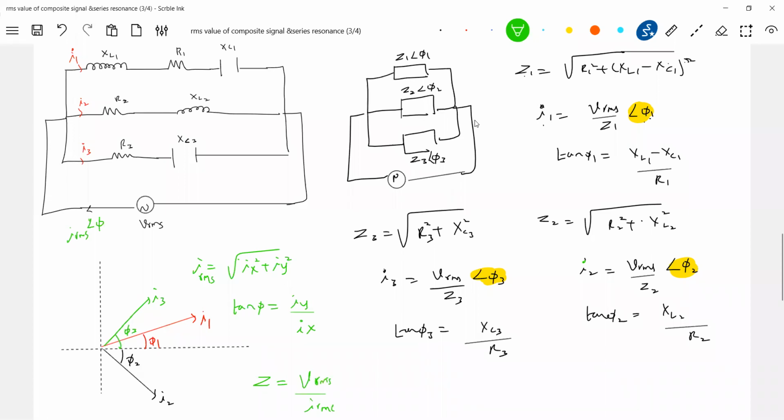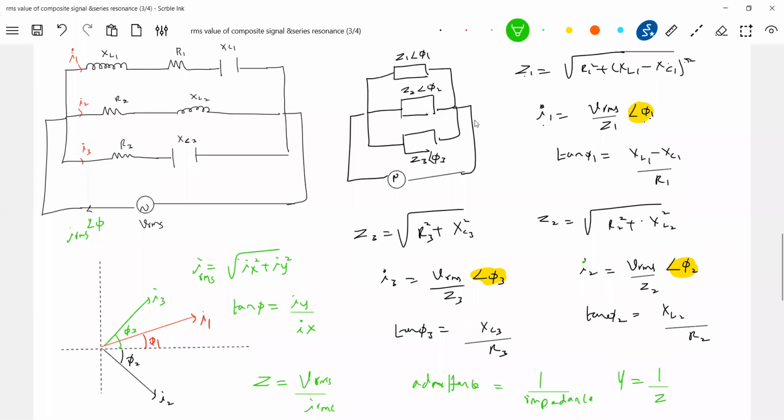Now what is another alternate method? The reciprocal of impedance is called admittance. I'll put it. Admittance is the reciprocal of impedance. So the symbol will be like this. They are parallel.